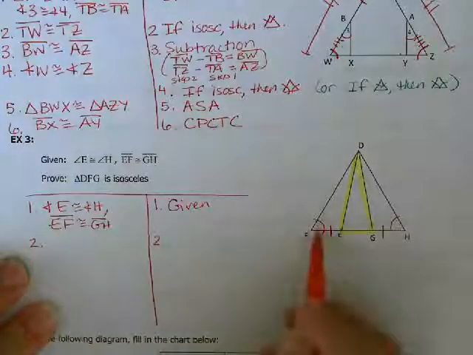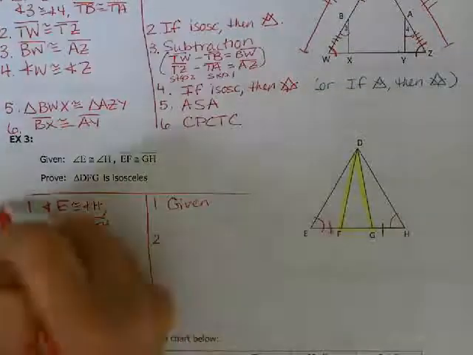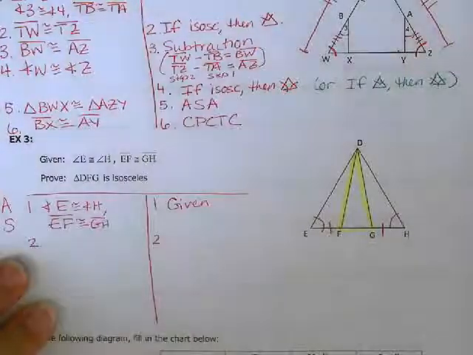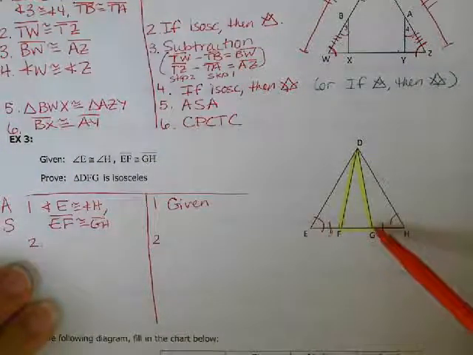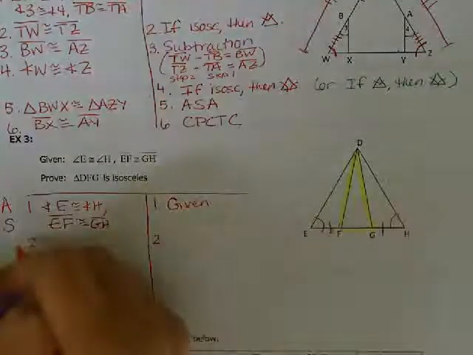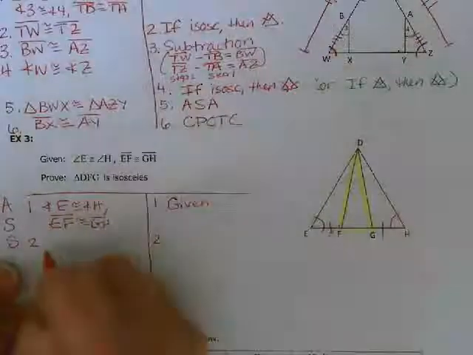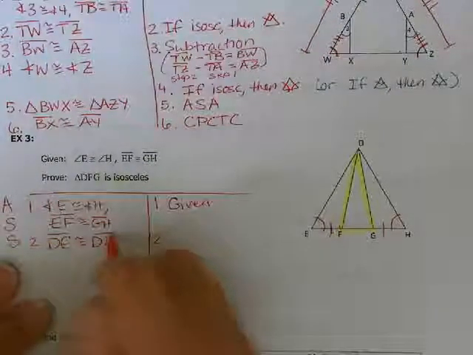All right, so I see that I have an angle and a side already in my proof. So I can't prove these two sides, and I don't know anything about these angles down here. But we can use our new theorem to get DE congruent to DH.